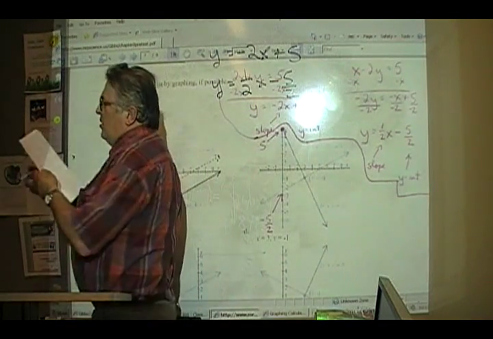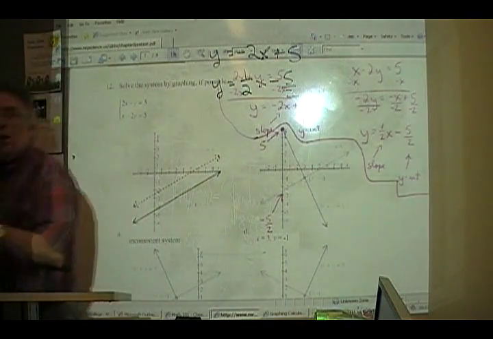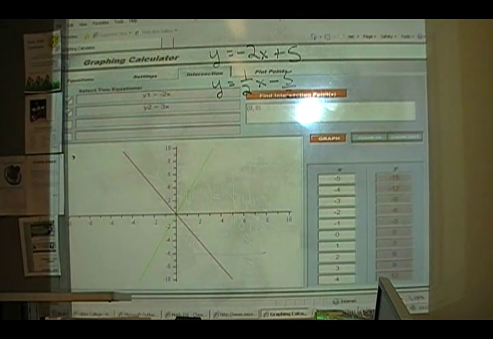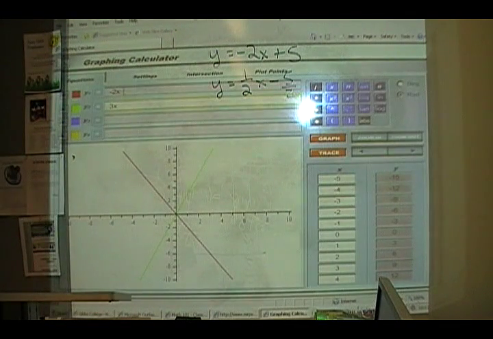Now let's go again to the graphing calculator so that we could graph those two and find the solution. Now in this case, what they're asking for is for you to just graph them, to pick which one is the correct graph for those equations. So I'm going to put in the first equation.